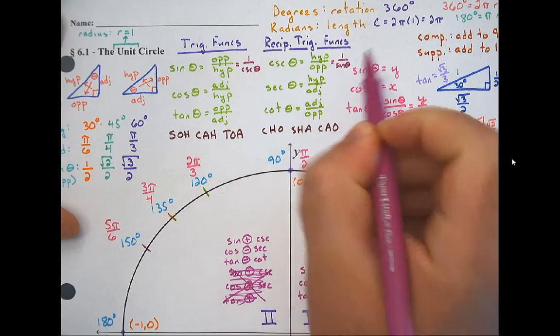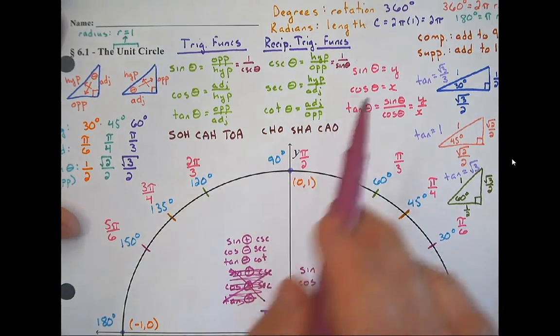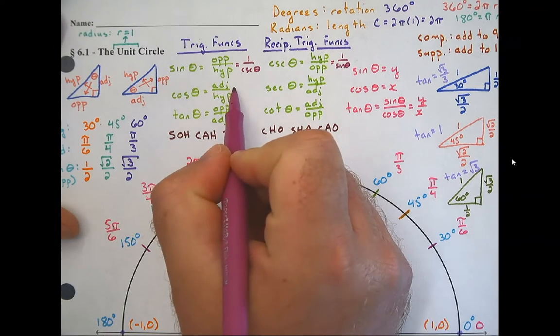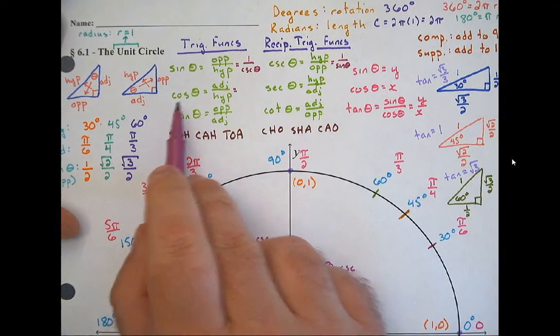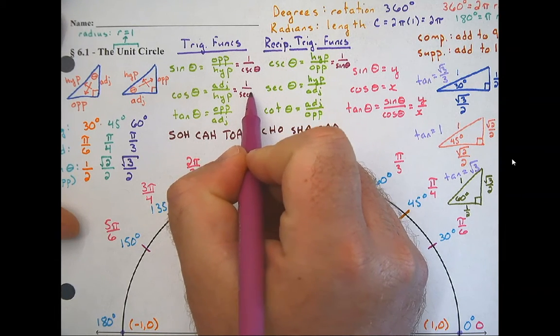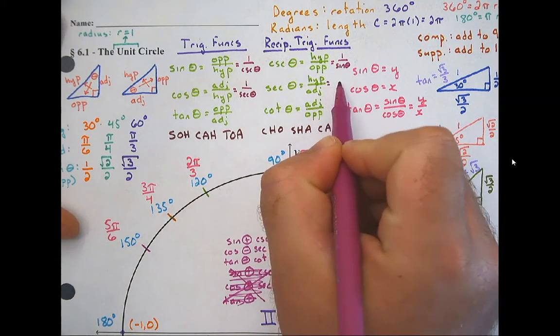I'm going to run out of room. One of these years, I'm going to organize this in a way that everything fits perfectly, but I'm not there yet. So, cosine is the reciprocal of secant, and secant is the reciprocal of cosine.